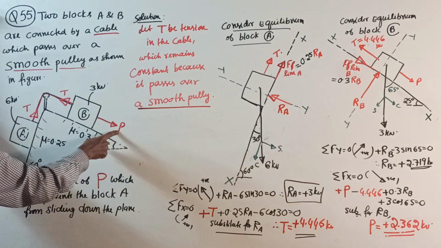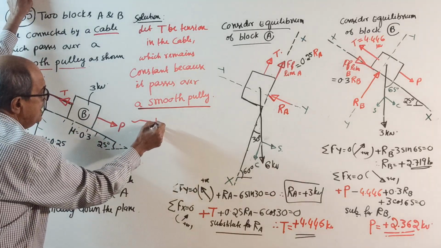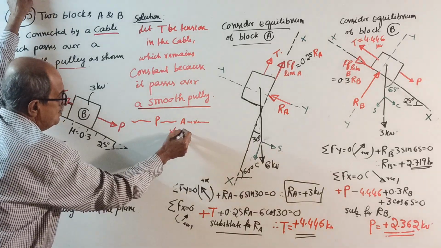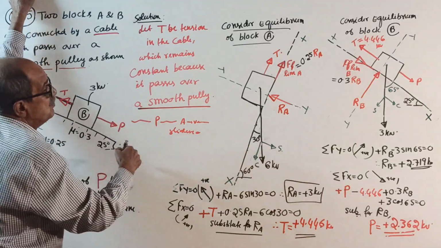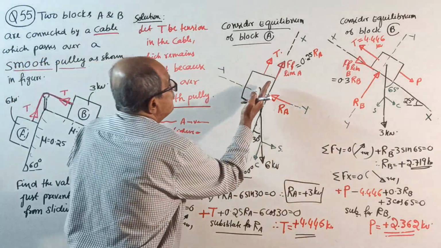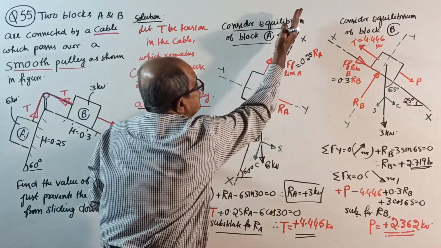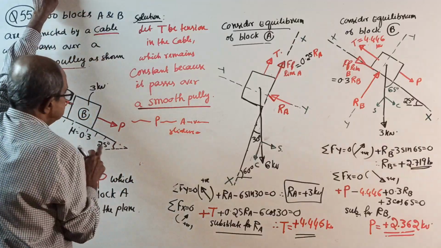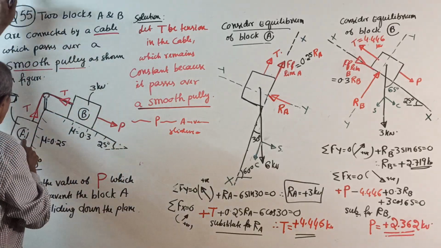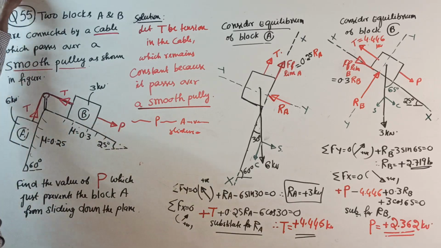We have to find the value of P when block A is on the verge of sliding down. Therefore, when it is sliding down, when you consider block A, friction is up. Now, very important: when you apply a force here and block A is on the verge of sliding down, what about block B?